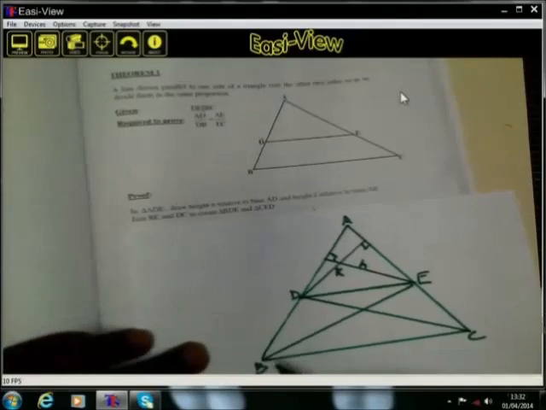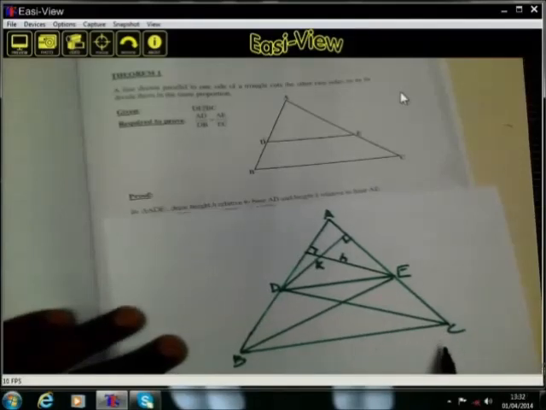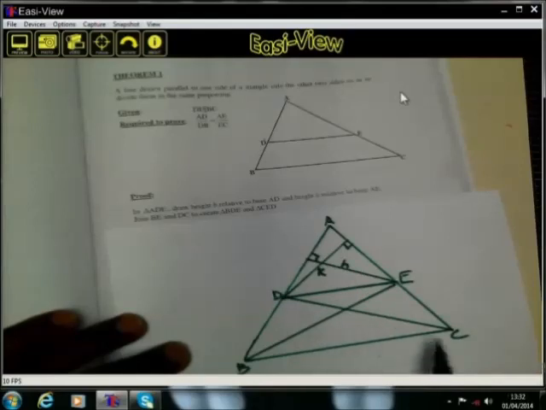The reason for joining BE and DC was to create triangles BDE and CED. Remember, at the beginning this is all we had.